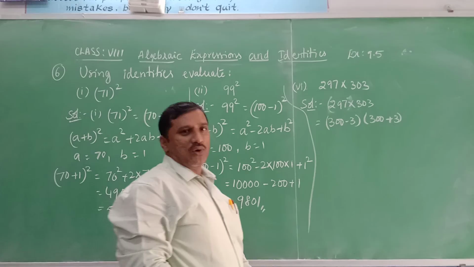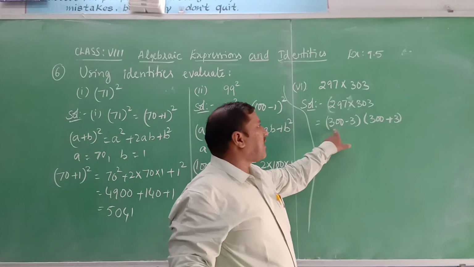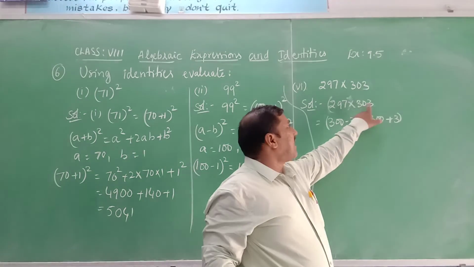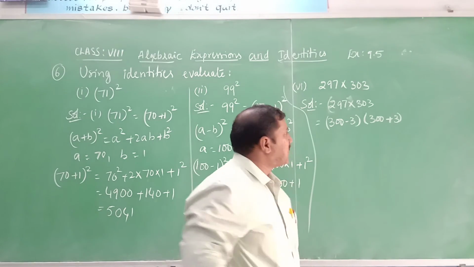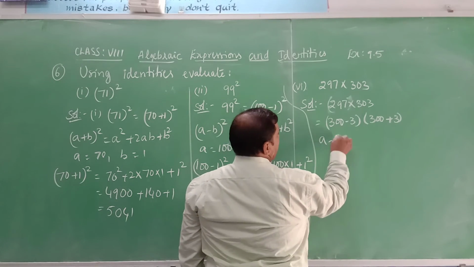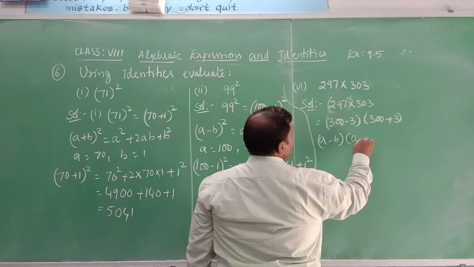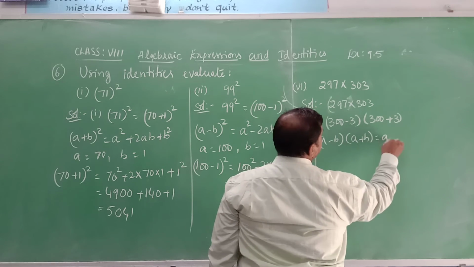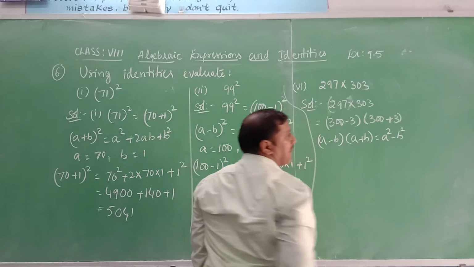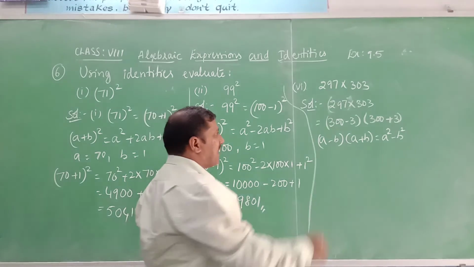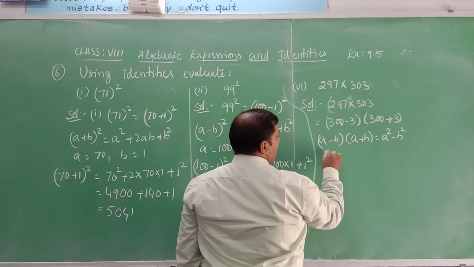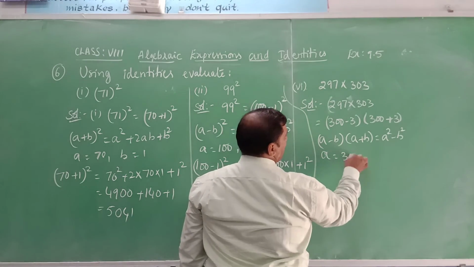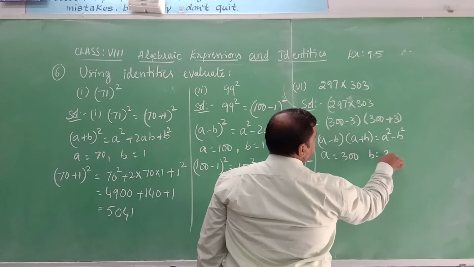So we are able to write 297 as 300 minus 3 and 303 as 300 plus 3. So now it is in the form of a minus b into a plus b. Third identity, that is a square minus b square. Now here a is equals to 300 and b is equals to 3.